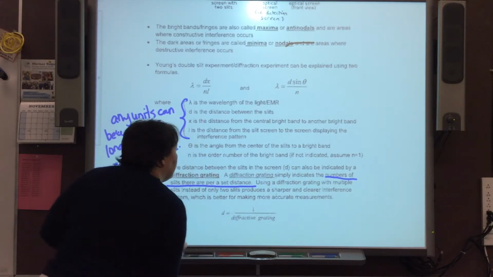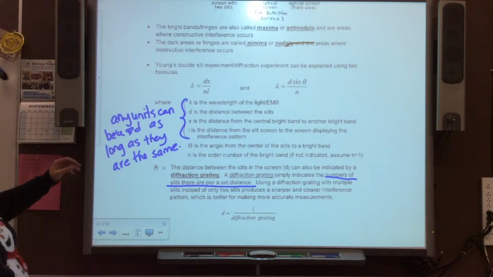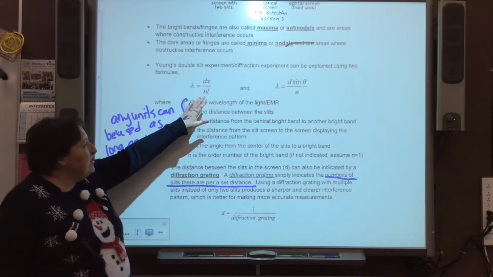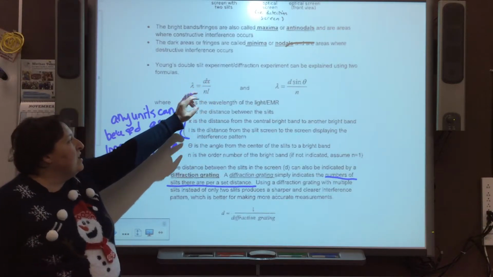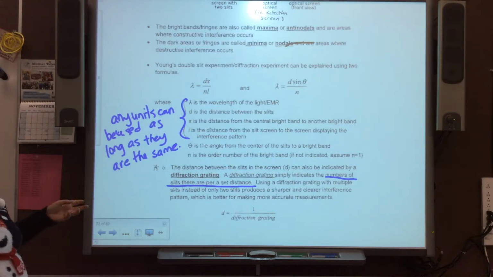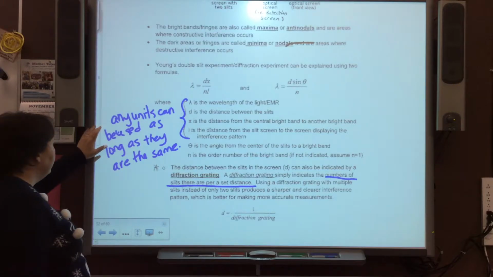Remember, typically this is nanometers, so just pay attention to your units. D is going to have a unit, L is going to have a unit, and X is going to have a unit. N is just an order, it won't have one.